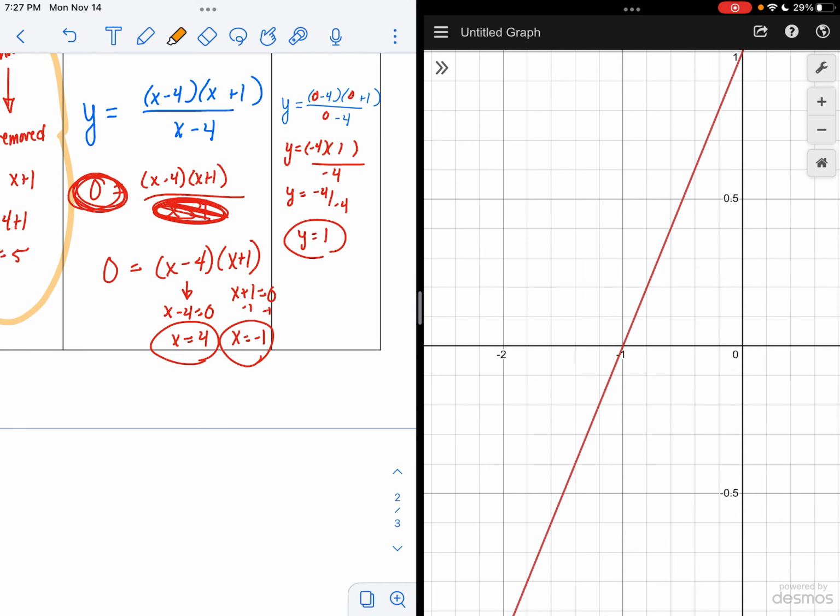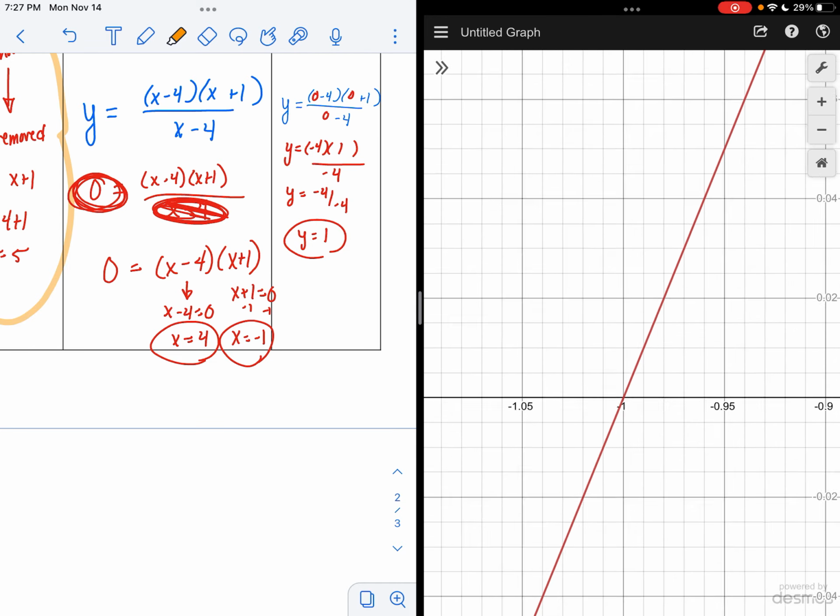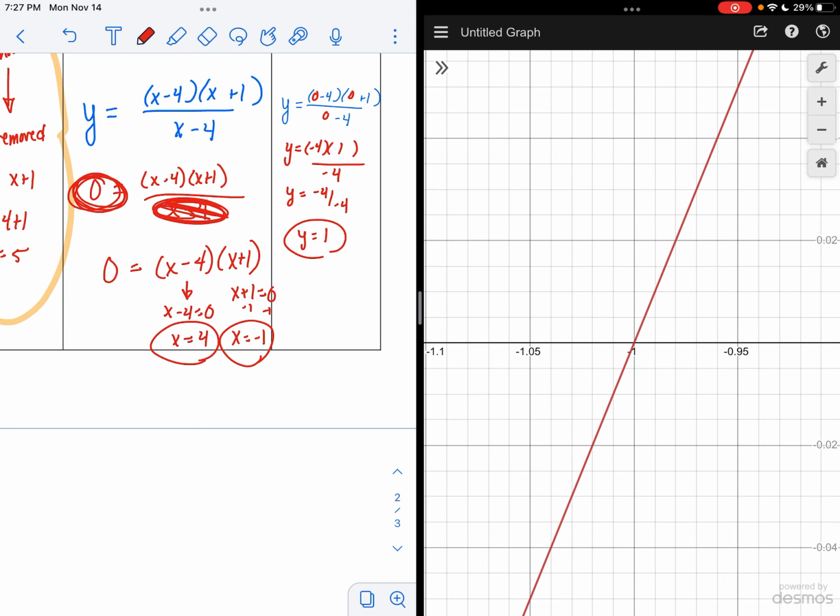Yeah, there's -1. I know why we don't have one at 4, because that was a discontinuous point. So we don't want that. It's one of our points of discontinuity, so it's not going to be an intercept. See, it's a good thing we did this.